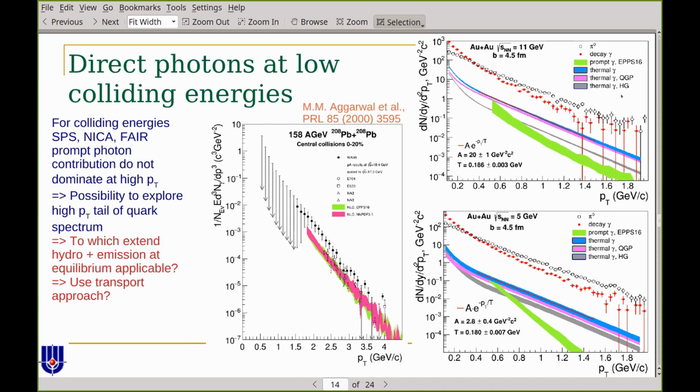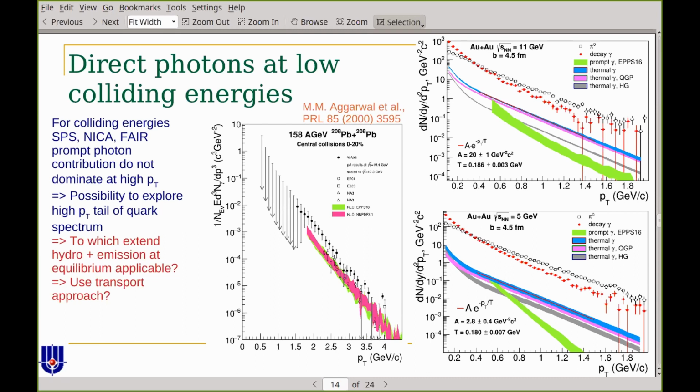And at lower and lower energies, the pQCD contribution, shown with the green band here, appears to be smaller than the expected thermal photon contribution calculated from this hydro model.